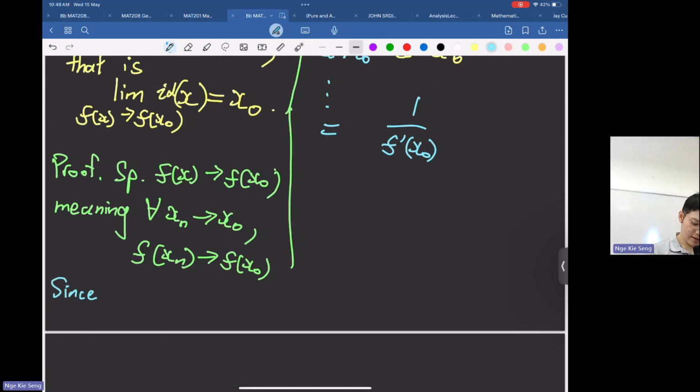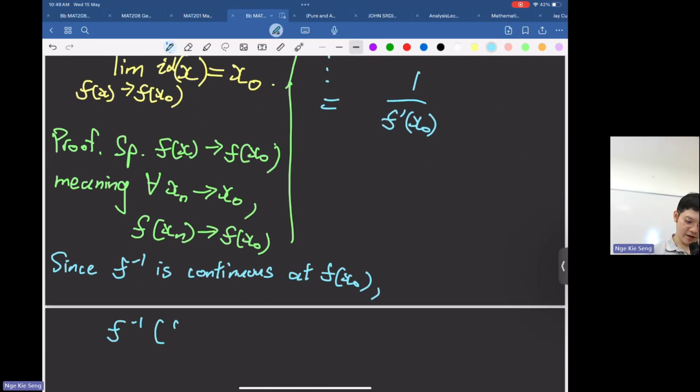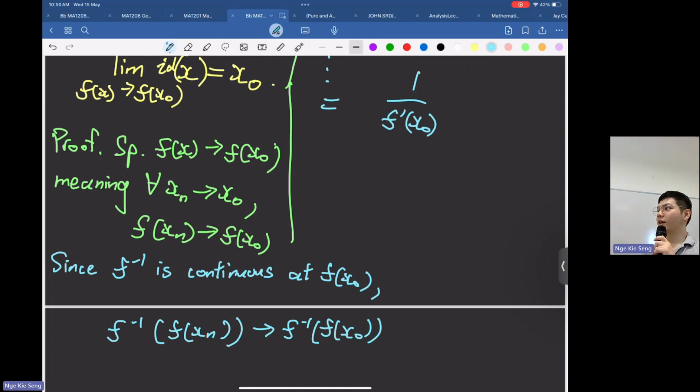Since f inverse is continuous at f(x0), then f inverse of f(xn) also converges to f inverse of f(x0). There is no n here? There should be an n. Can we do it this way? Let me think.